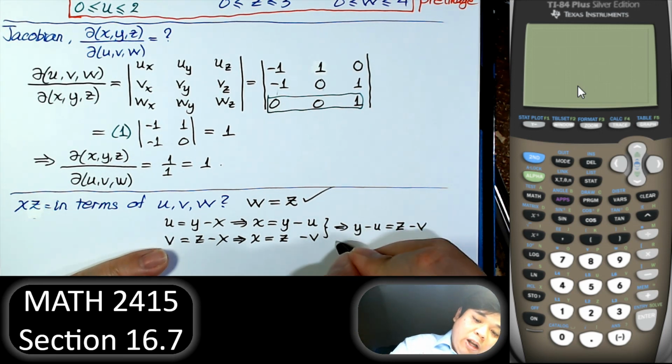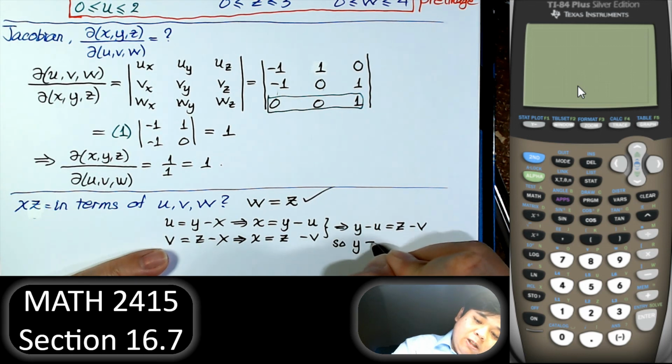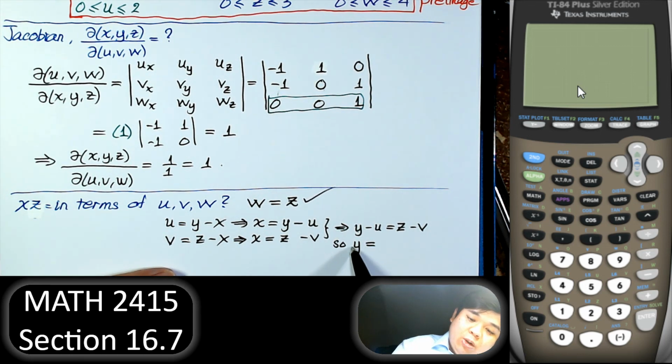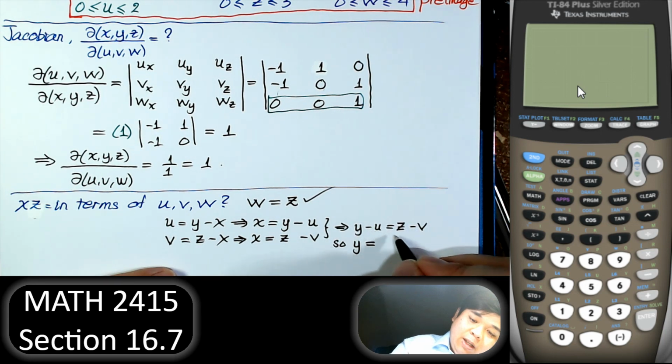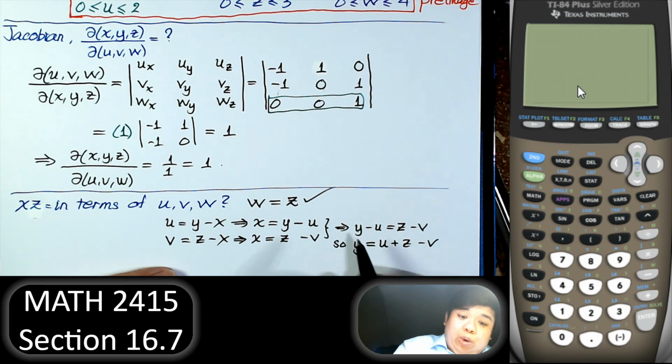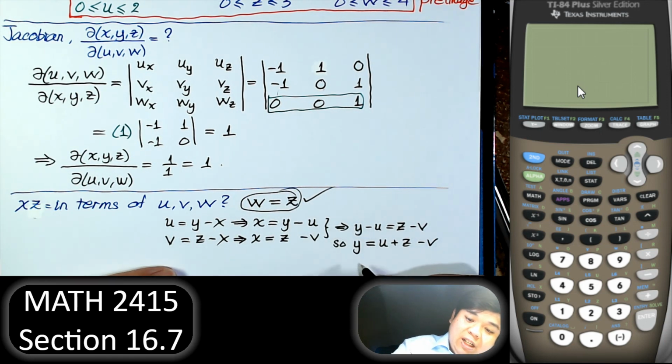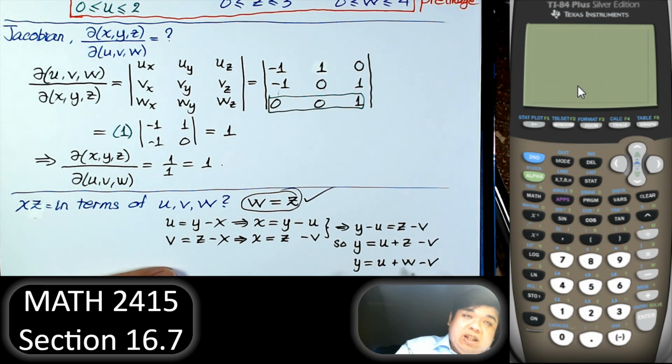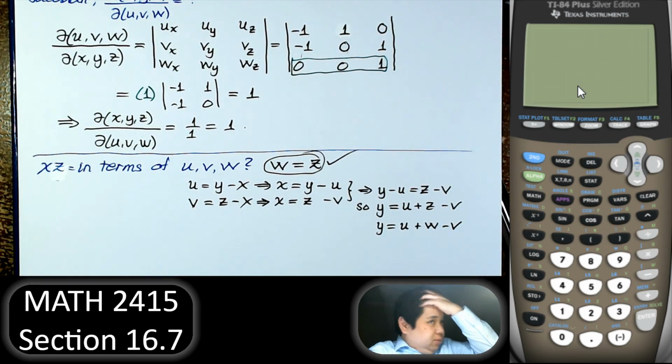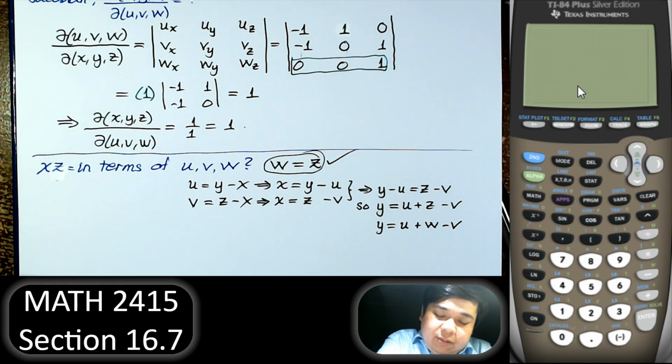We can solve for y. So y is equal to what? Move the u over: u plus z minus v. Luckily, we do know w is equal to z. So y equal to u plus w minus v. Right?